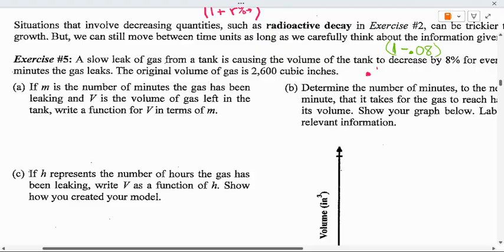What is my rate? Well, my growth factor is 0.92. That's my b. It says the original volume of gas is 2,600 cubic inches. So we need to write a function for the volume. So 2,600 cubic inches times 0.92 to the m, where m is the number of minutes that the gas has been left on.